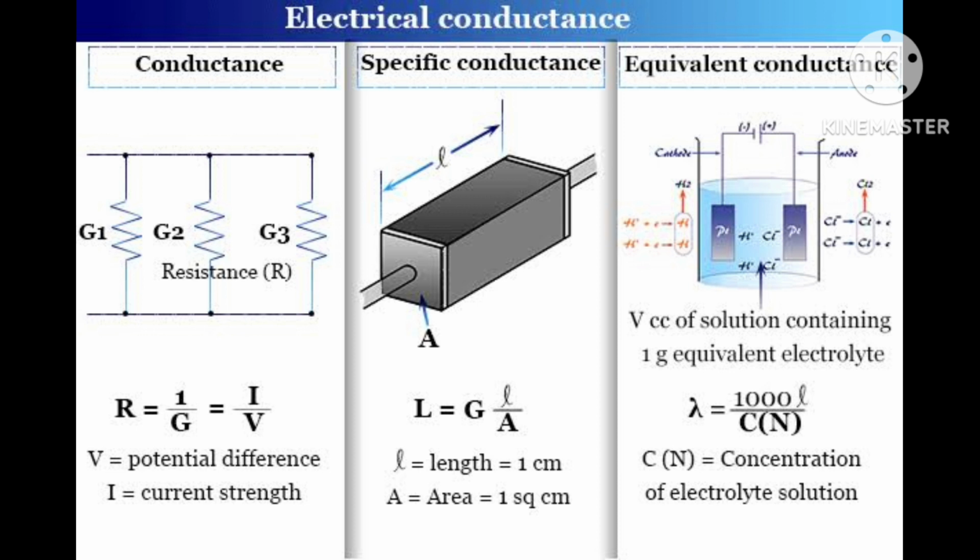So the third factor I was telling you is the nature of the solvent and its viscosity. Just like gum is viscous, correct? Like that, it depends upon the viscosity and nature of the solvent.